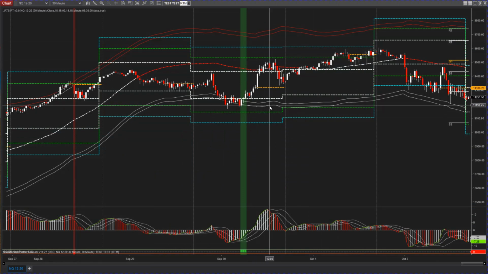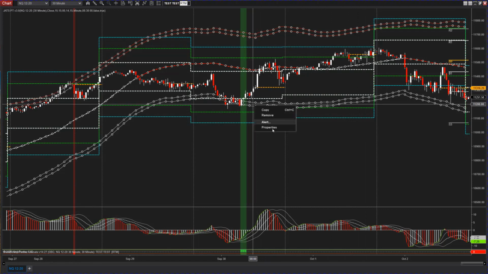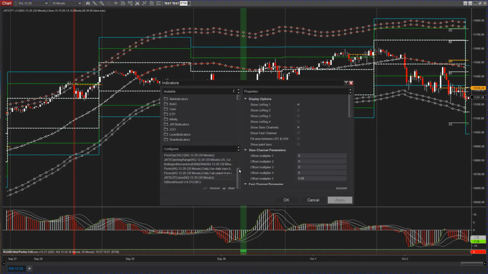And so this is what I've done, is I've been able to customize the linear regression indicator by using multipliers of that ATR. And we can come in here and put whatever we want.